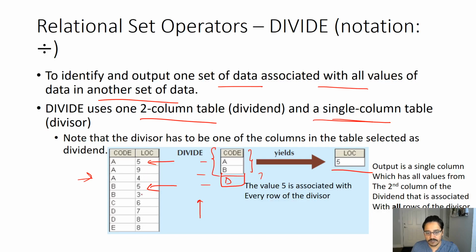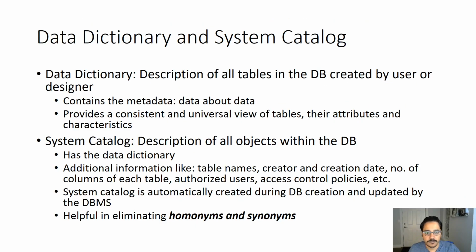B is hosted in 5, 3, and that's it. So there is one common. And then D is hosted in 7, 8. So there is no location that holds A, B, and D. So the output, if we have A, B, and D, is going to be null because there is no such location. Okay. All right. So that is basically the divide operation.